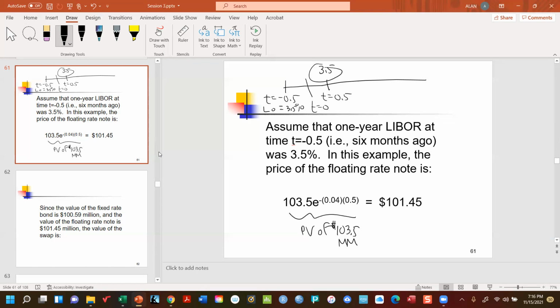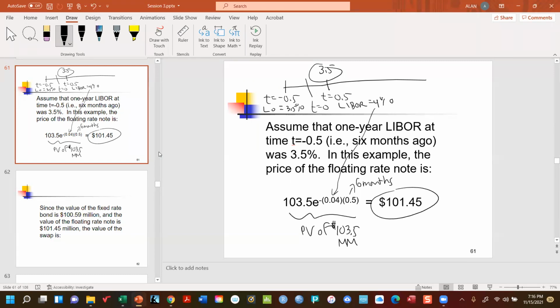Remember, this LIBOR is 4%. So we're using that to discount our cash flows back to the present, which is 6 months. This 3.5 is 6 months in the future. So to bring it back to today, we need half a year. So the present value today is 101.45.